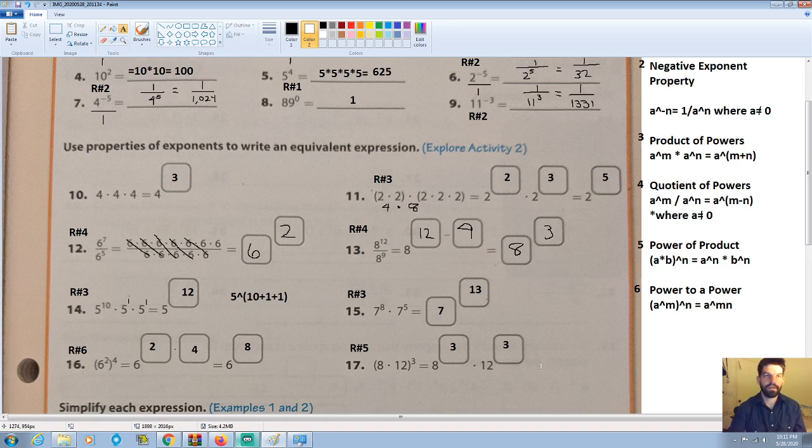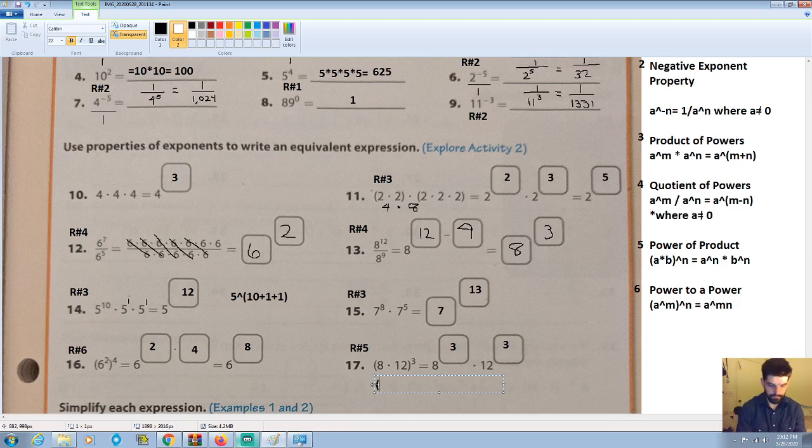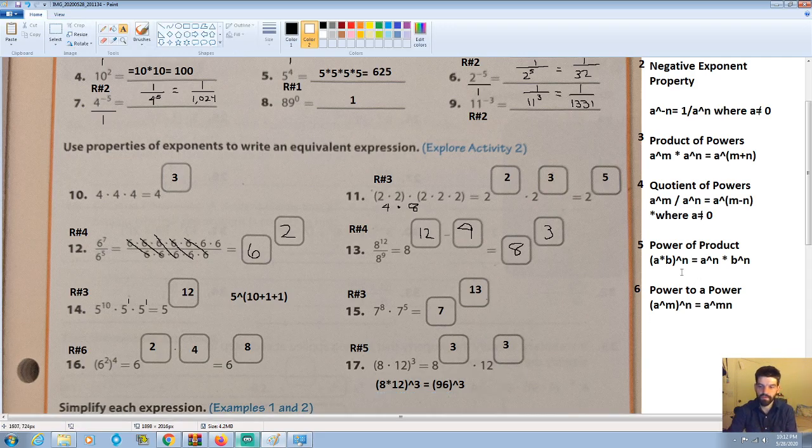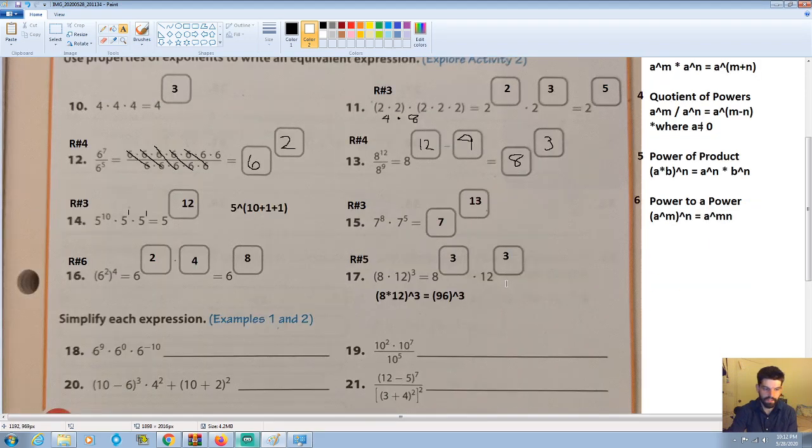Okay, and I think it's about 844,000 plus some more. But just to give you the idea that 8 times 12 to the 3rd is going to be directly equivalent to 96 to the cube. But just so we can see that property at work here.